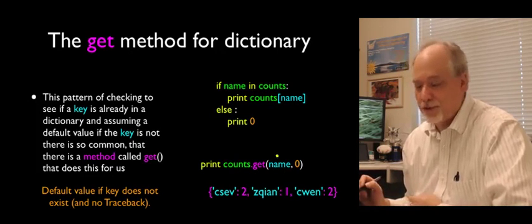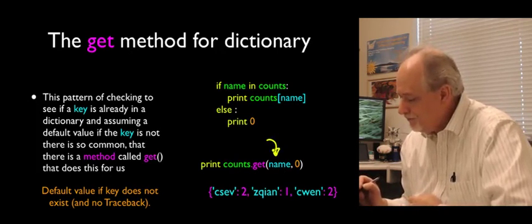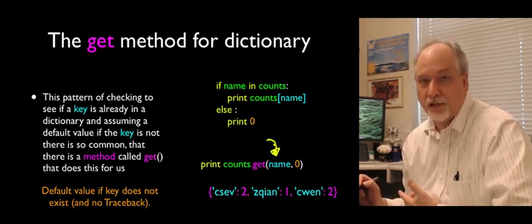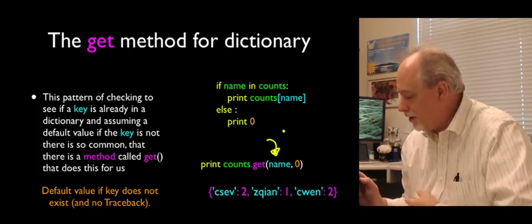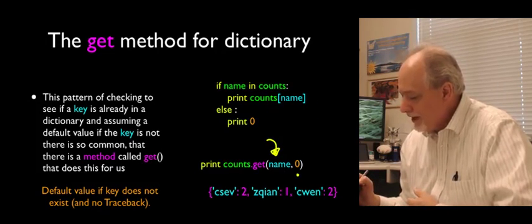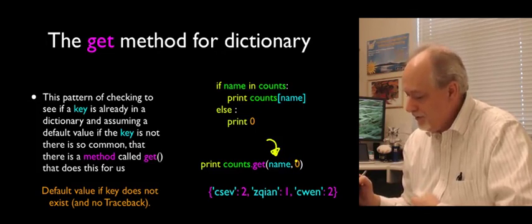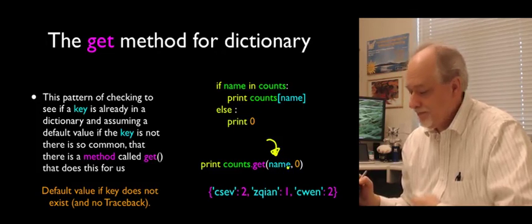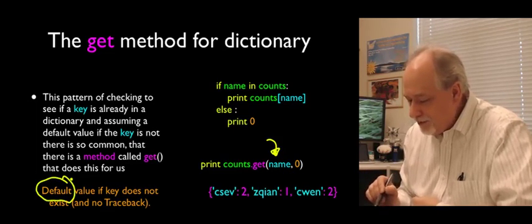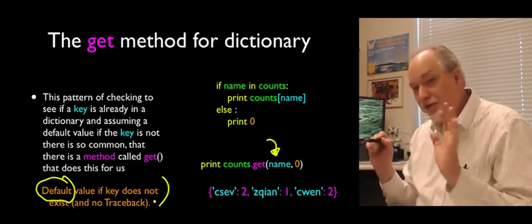And it takes 2 parameters. The first parameter is a key name, like a string such as csev or Chenwen or Marquard. And then the second parameter is a value to give back if this doesn't exist. It's a default value if the key does not exist, and there's no traceback.